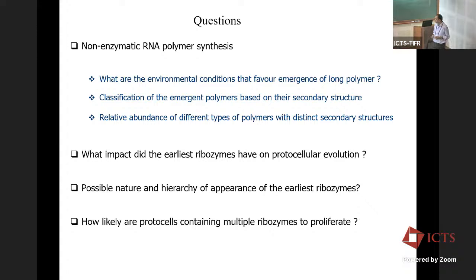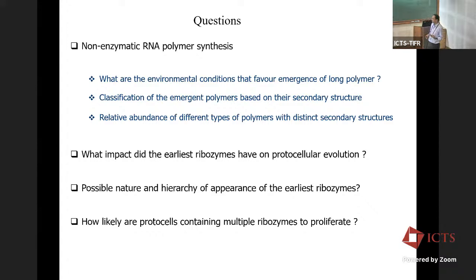functional biopolymers? And whether these different types of biopolymers which are produced as a result of non-enzymatic reactions can be classified based on their secondary structures. What do the secondary structures tell us about the functions that they can perform, and so on.